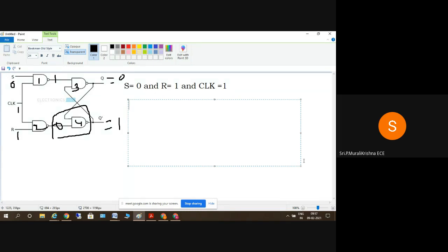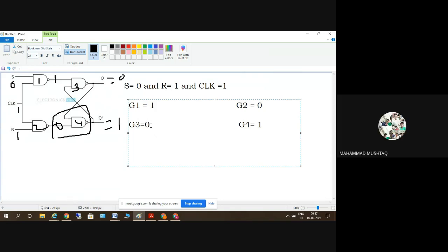So here the gate 1 output is equal to 1, and the gate 2 output is equal to 0. We'll talk about gate 4 first instead of gate 3, because for gate 4 one of the inputs is 0, so the gate 4 output is equal to 1. When it is 1, automatically gate 3 will be equal to 0.